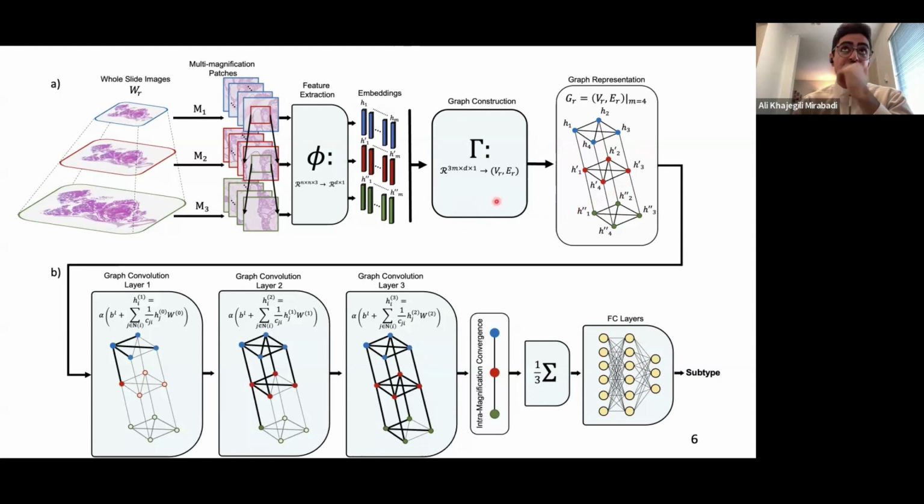All the encoders that we have are only trained on 20x. Even foundation models are only 20x. So basically our foundation models are blind to lower magnification.